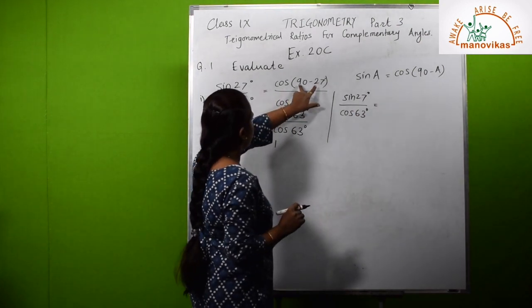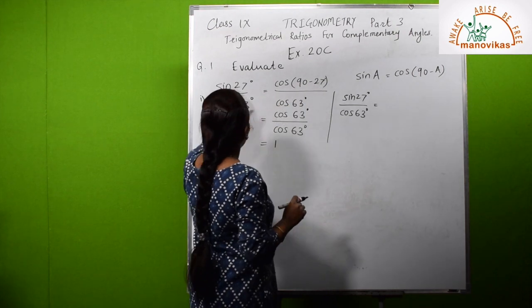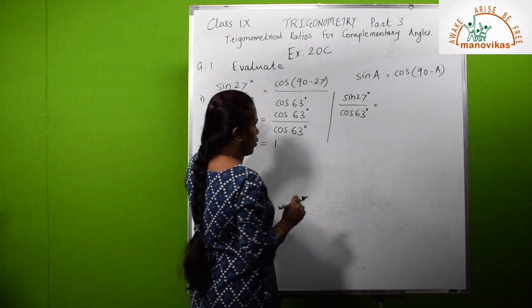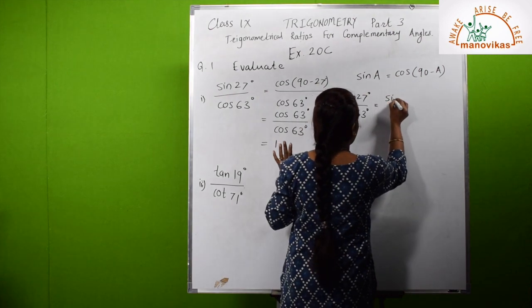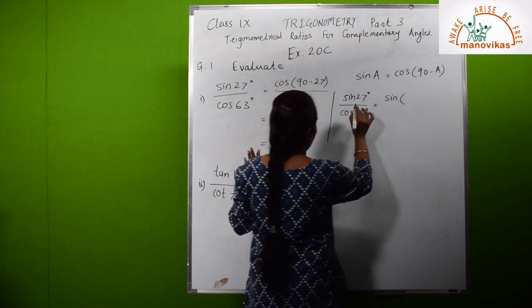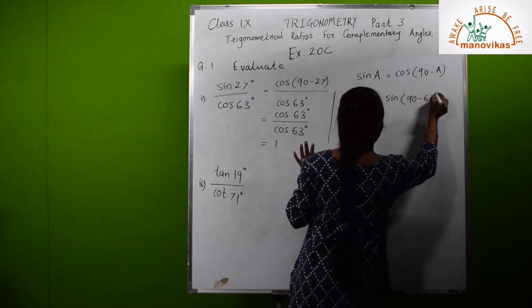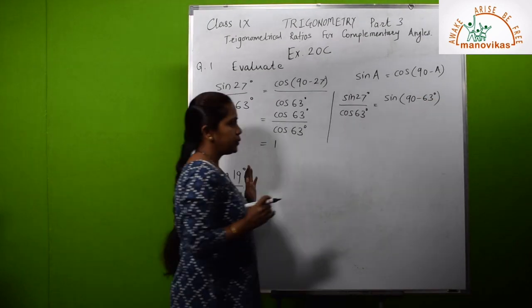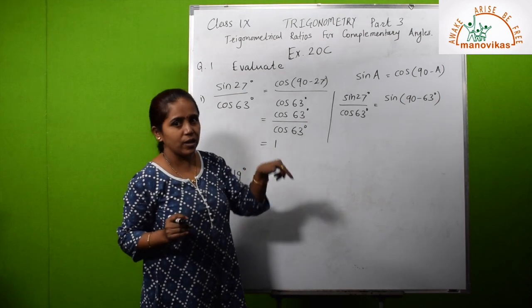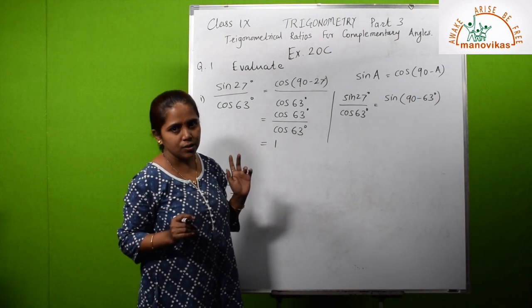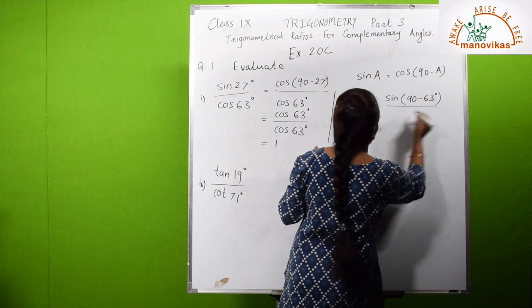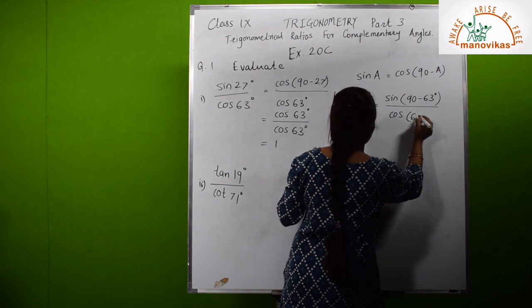Instead of changing the ratio, I keep sine as it is and change the angle. 27 I have replaced with 90 minus 63, upon cos 63.